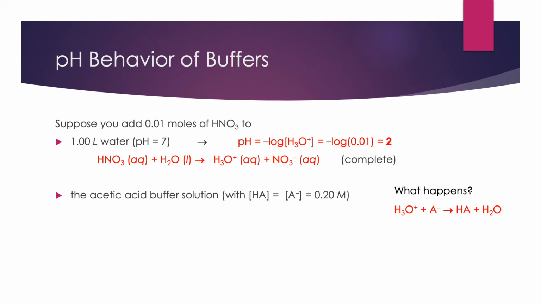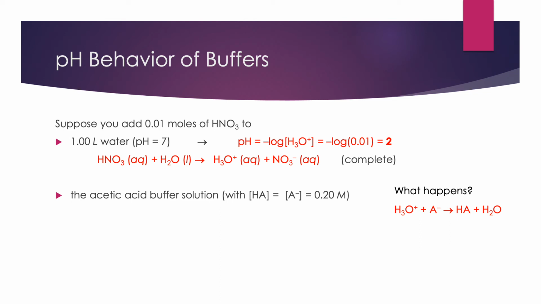Well, the nitric acid is putting hydronium ion in the solution, and those hydronium ions are going to find those A minus ions, the conjugate base of the weak acid, and immediately protonate them to form undissociated weak acid and water. So in effect, adding acid to the buffer solution is converting some of the A minus into HA.